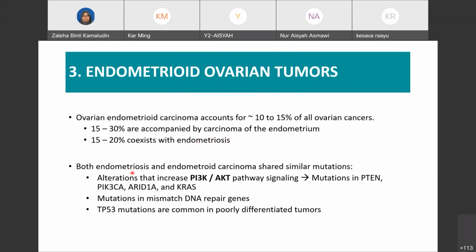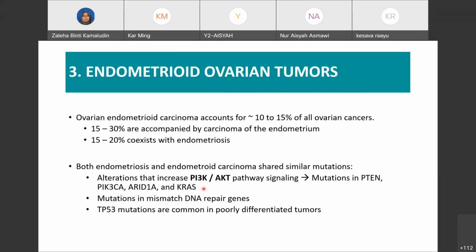Both the endometriosis and endometrial carcinoma show a similar genetic mutation, in which the endometrioid type is associated with alteration of the PI3K/AKT pathway signal, causing mutations in PTEN, PIK3CA, ARID1A, and KRAS.